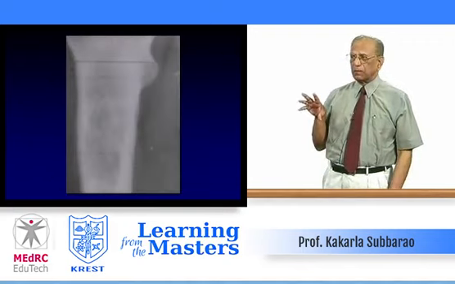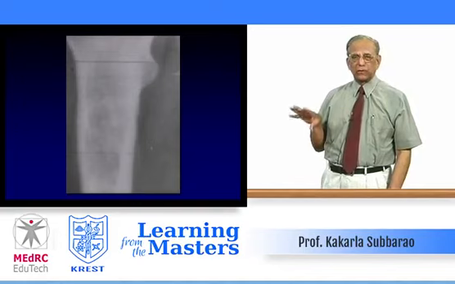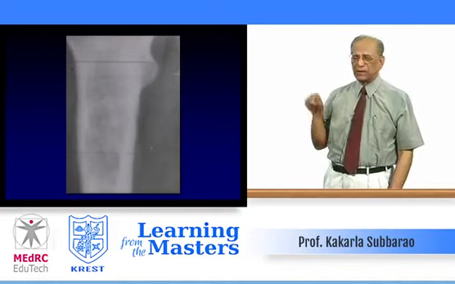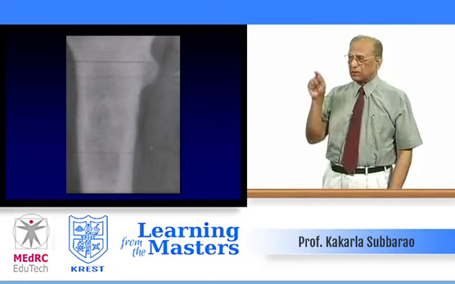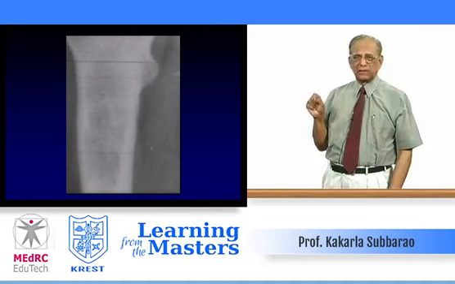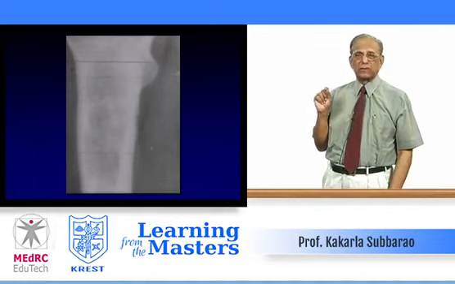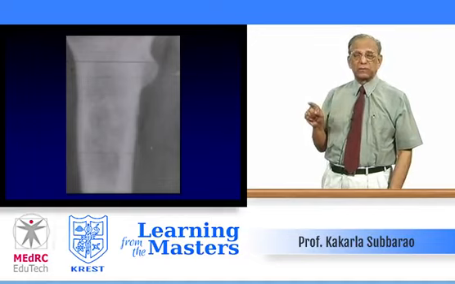This is the cone down view of the proximal part of the femur. What do you see? There is a lytic area, there is expansion of the lesion, that's how there is endosteal scalloping, and if you look carefully, there are some calcifications. This is how a primary chondrosarcoma occurs.